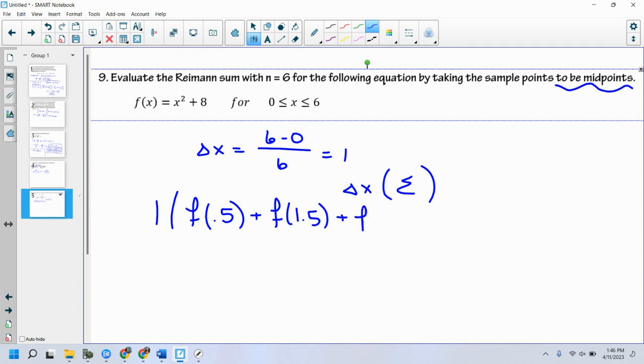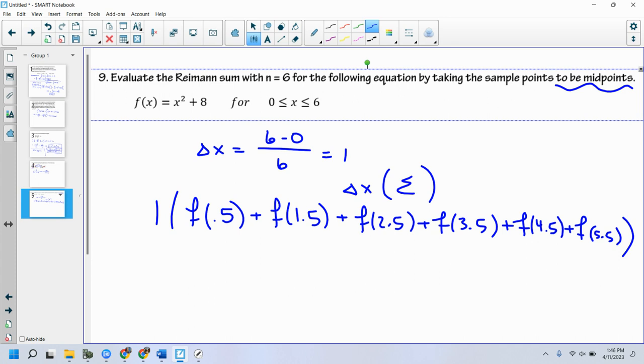I can just keep that pattern. So 2.5, 3.5, 4.5, and then 5.5. And that will give me my 6 rectangles, the y values of each of these rectangles.